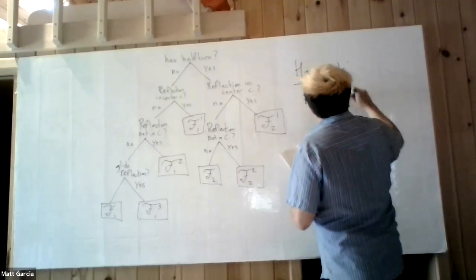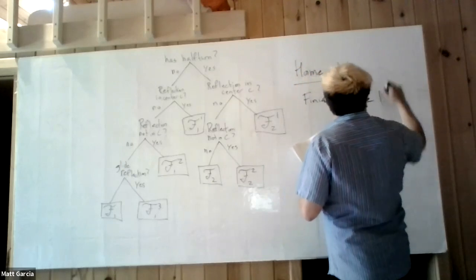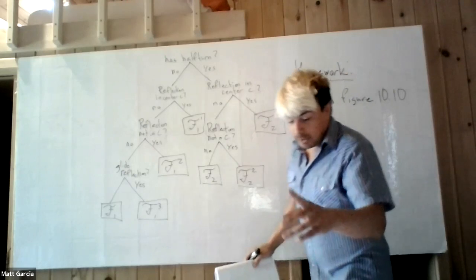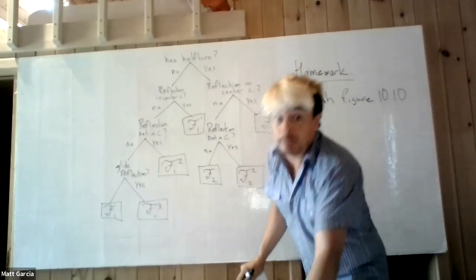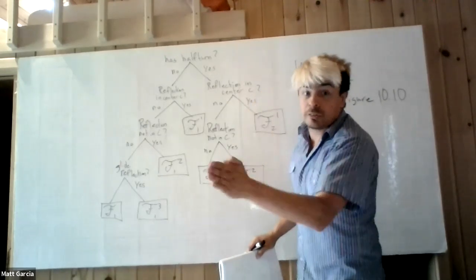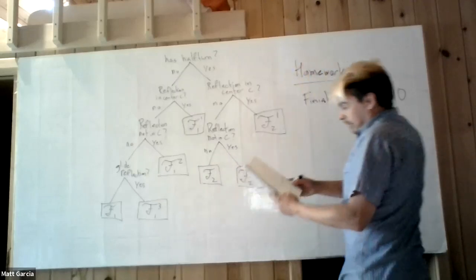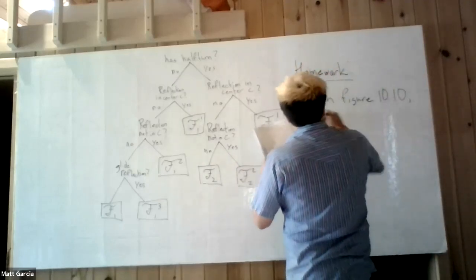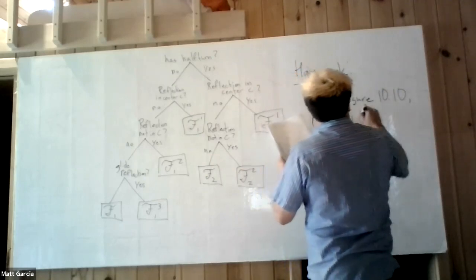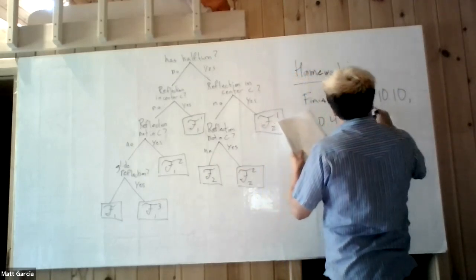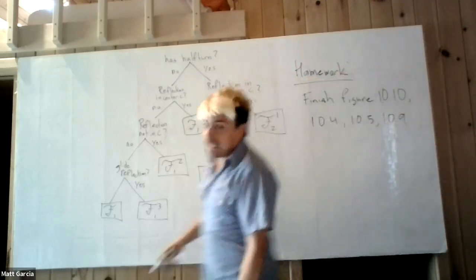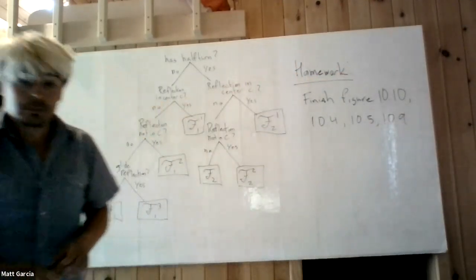Finish figure 10.10. That is to say, why don't you go ahead and identify the freeze groups for all the other lines of text in that figure. And then let's do 10.4, 10.5, and 10.9 from the exercises at the end of the chapter.